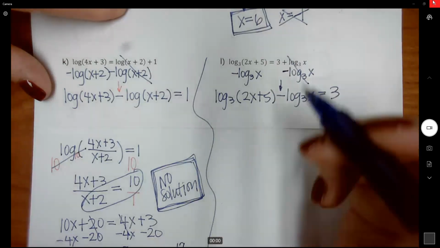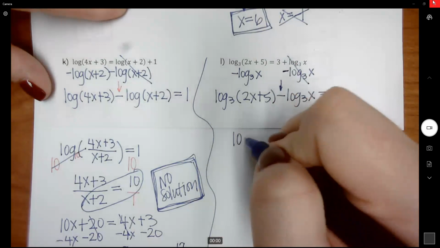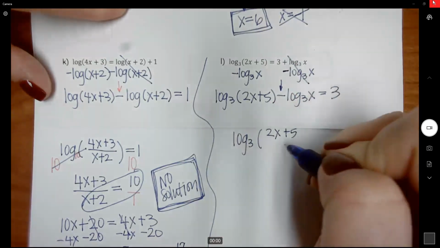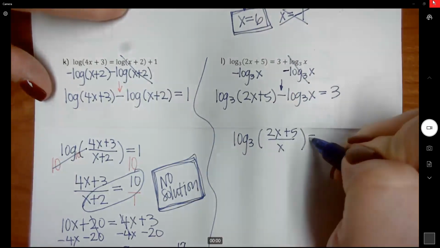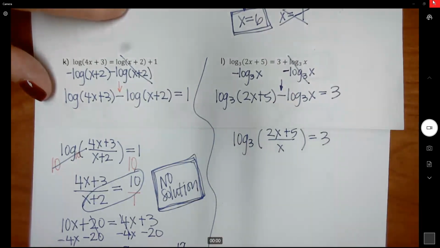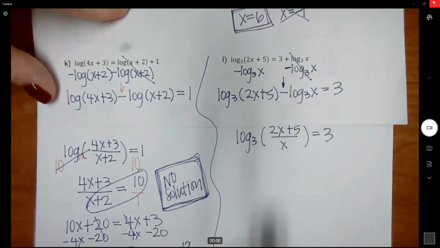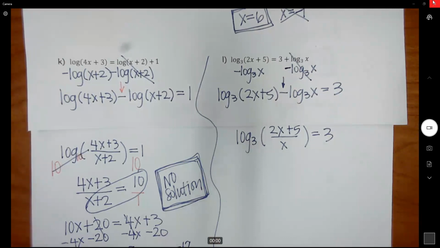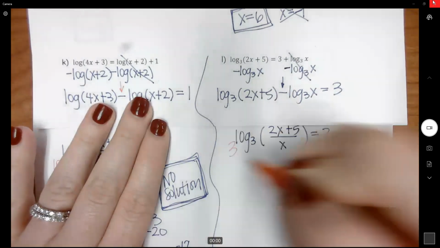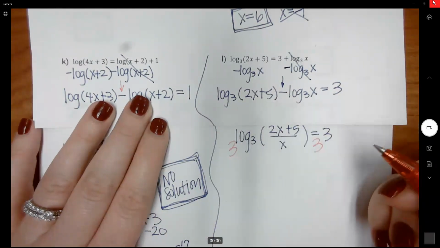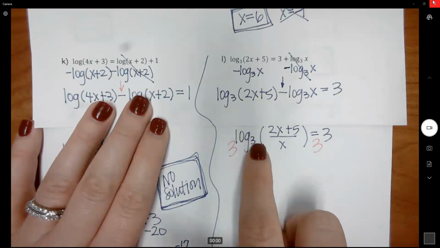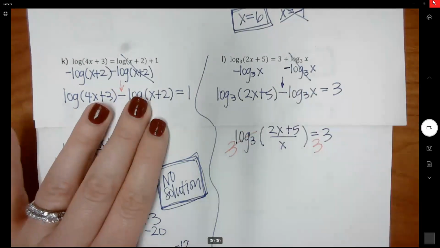So we have log base 3 of 2x plus 5 over x equals 3. So now to solve this, I need to get rid of this log. So how do you undo a log with a base of 3? Well, you raise both sides as an exponent with that same base. So now 3 to the power of log base 3 cancels.